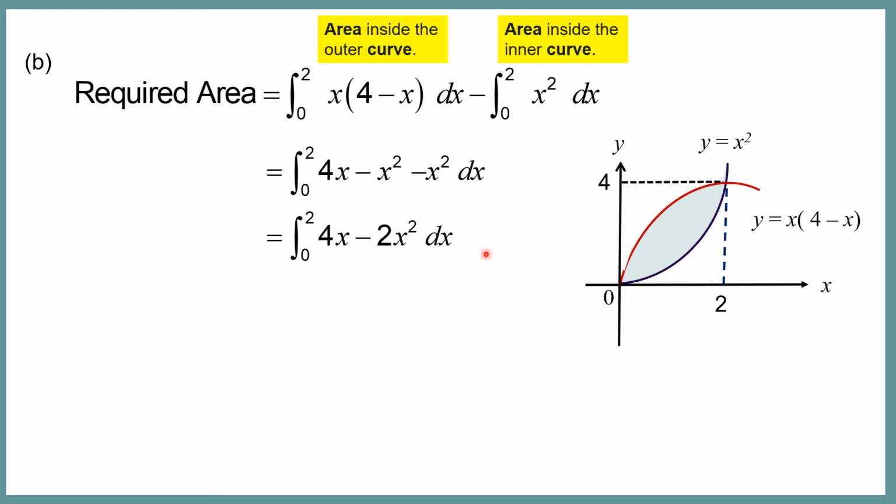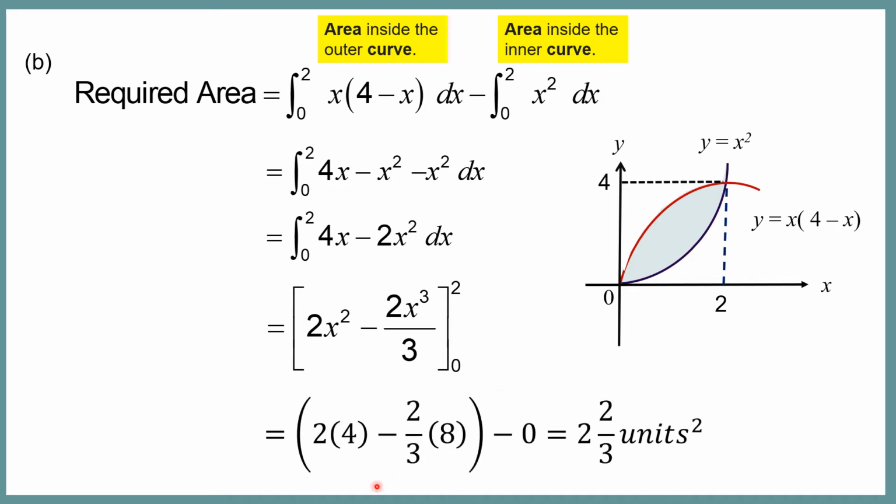Simplifying, integrating, we have 2x squared minus 2x to the power of 3 over 3. Substituting the upper limit and the lower limit, we have 2 and 2 over 3 units squared.